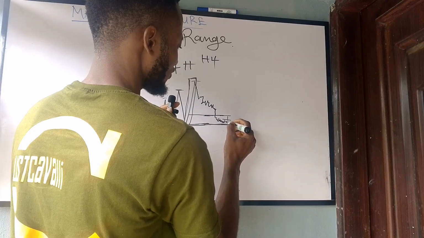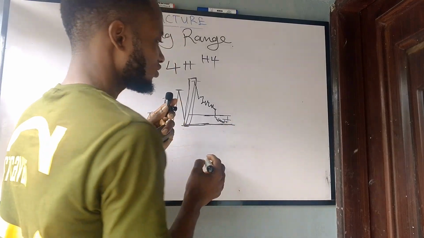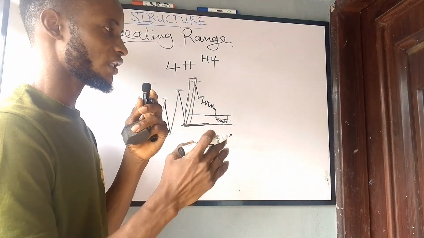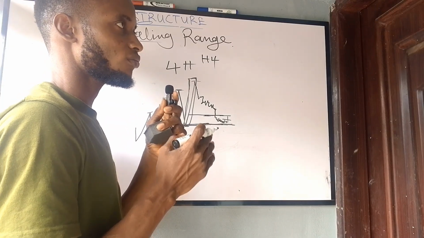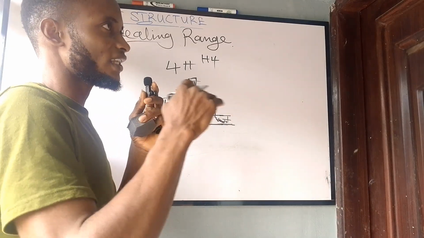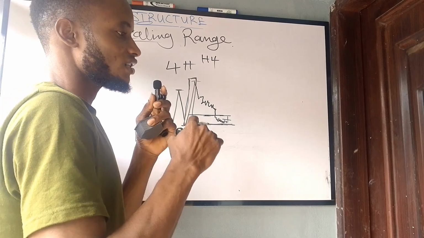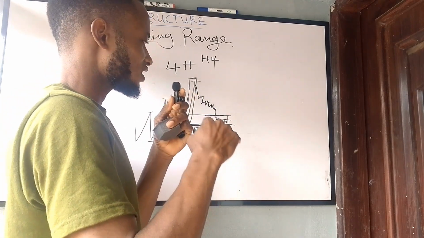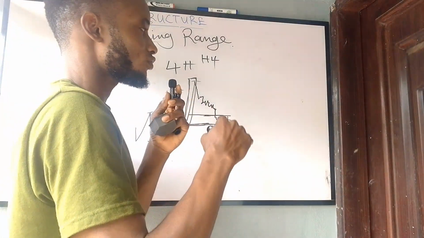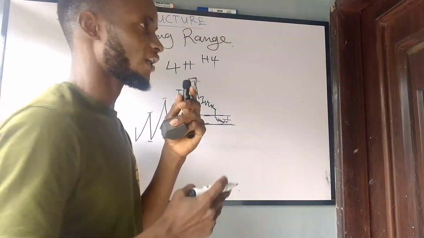Once I see the change of character, whatever happens on the lower time frame is a confirmation. It is a way of preparing the higher time frame, because when it gradually happens on the lower time frame, it will start forming on the higher time frame. Before you know it, the same thing will happen on the higher time frame as well.